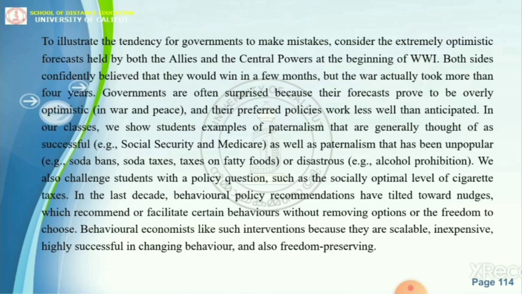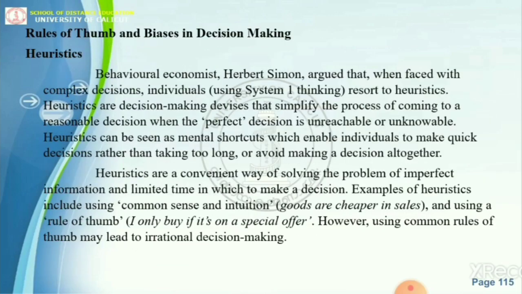In the last decade, behavioral policy recommendations have tilted towards nudges, which recommend or facilitate certain behaviors without removing options or the freedom to choose. Behavioral economists like such interventions because they are scalable, inexpensive, highly successful in changing behavior, and also freedom preserving.